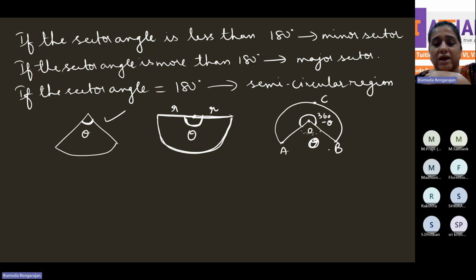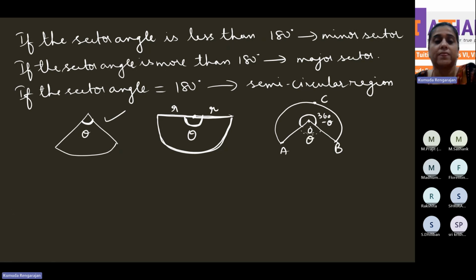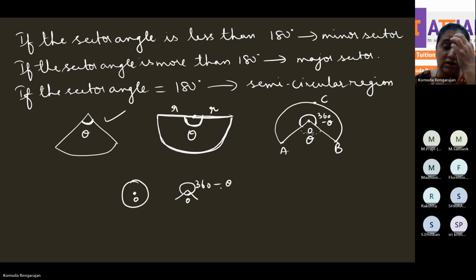If angle AOB is theta, then the reflex of angle AOB is the rest of the complete angle around O, which is 360 minus theta.